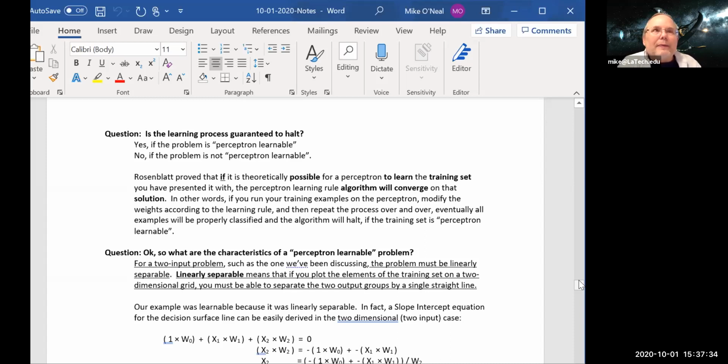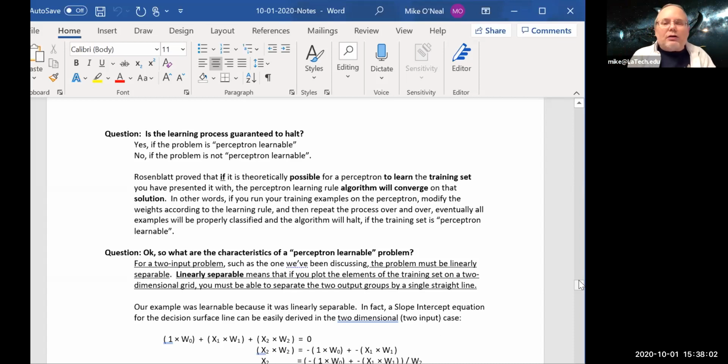Given 2 inputs, if it's possible to separate the 2 categories with a line, no matter where you start out the line originally, and that's what the random values do, the perceptron learning algorithm will converge on a line that separates the two classes. If there's not a line, it's going to keep flopping back and forth looking for that line that doesn't exist.